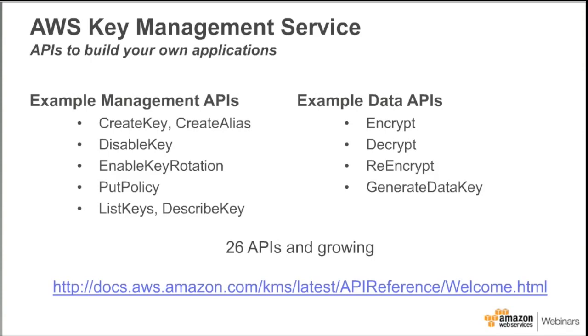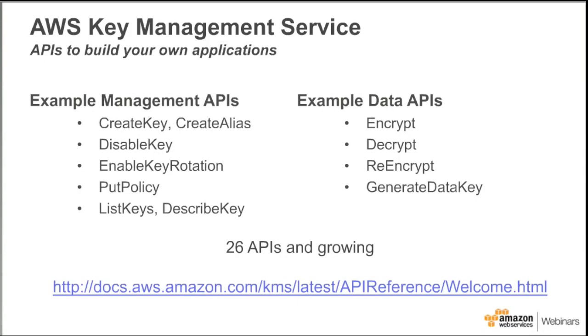So here's a sample list of the various APIs that are available inside KMS. I've talked a lot about how KMS can be used in the context of other AWS services when you want AWS to encrypt data on your behalf. You can, of course, use KMS standalone inside your own applications through the AWS SDKs to do your own encryption inside your own application.